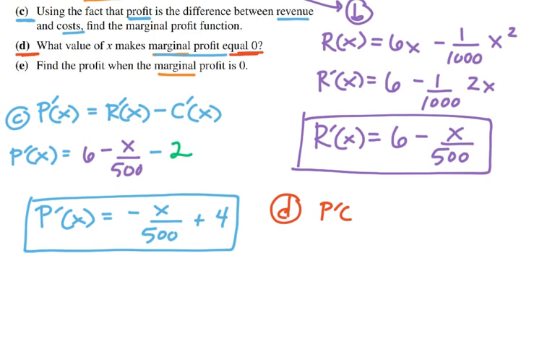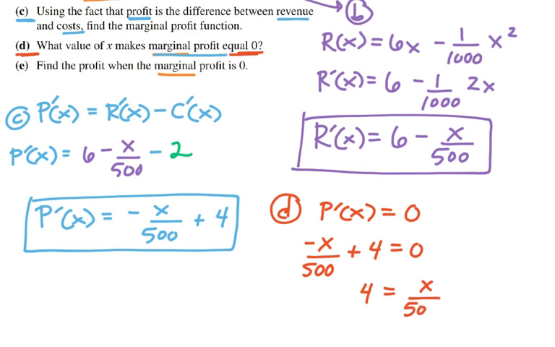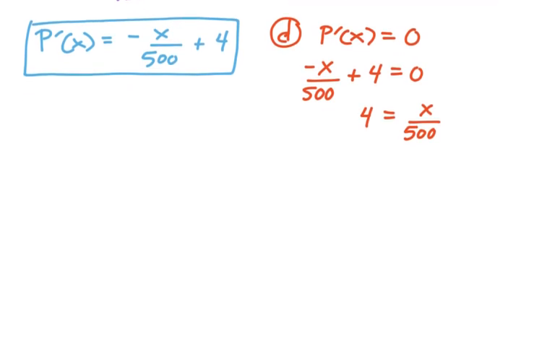P prime of X is negative X over 500 plus 4 equals 0. Moving that term over, 4 equals X over 500. And then cross multiplying, we have 2,000 equals X. 4 times 500 is 2,000.